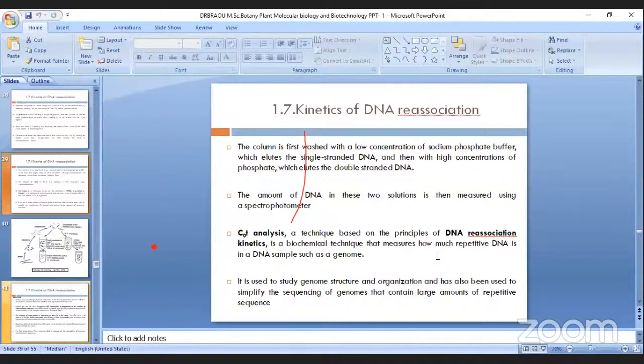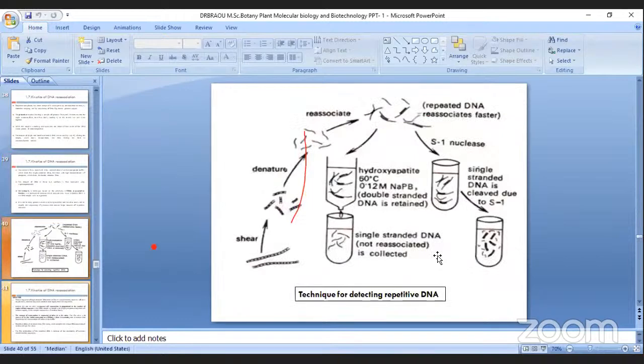This is called COT analysis, or C0T analysis. It is used to study the genome structure and organization, and it is the technique for detecting repetitive DNA.